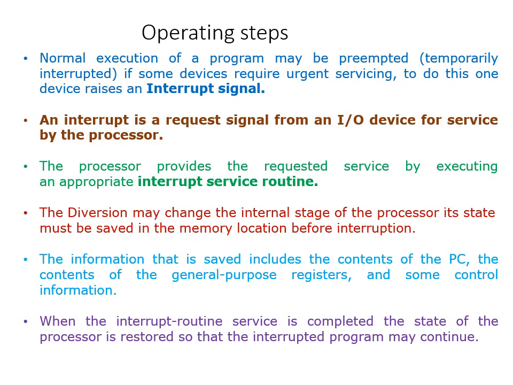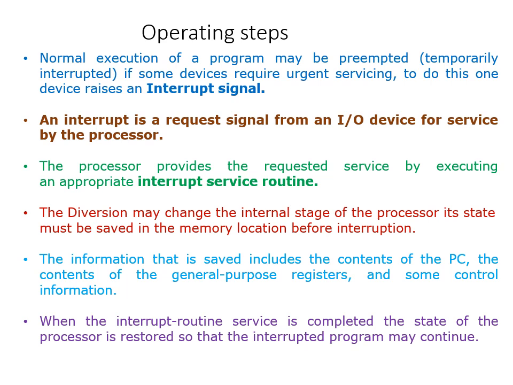During the normal execution of the program, it can be pre-empted or paused if some device requires urgent servicing. To do this, the device raises an interrupt signal, which is a request signal from an input-output device for service by the processor. The processor provides the requested service by executing an appropriate interrupt service routine.